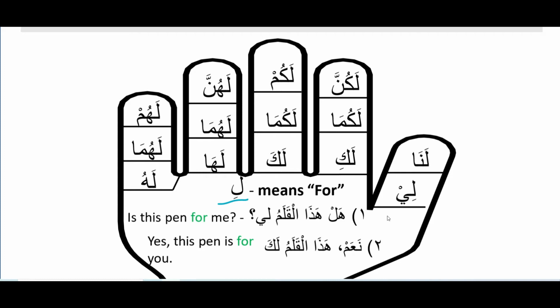For first person, in order for you to say this book is for me, you have to prolong the pronunciation of li, because it has ya with sukun. So here, just li is normal recitation. But for the position of ana in our diagram, hadzal kitab li.